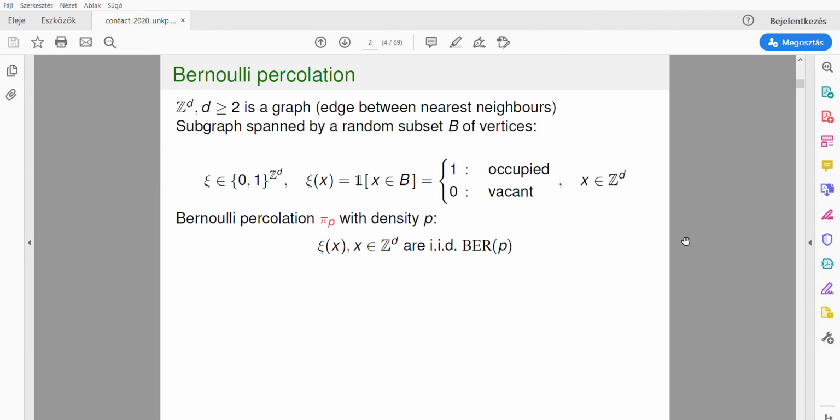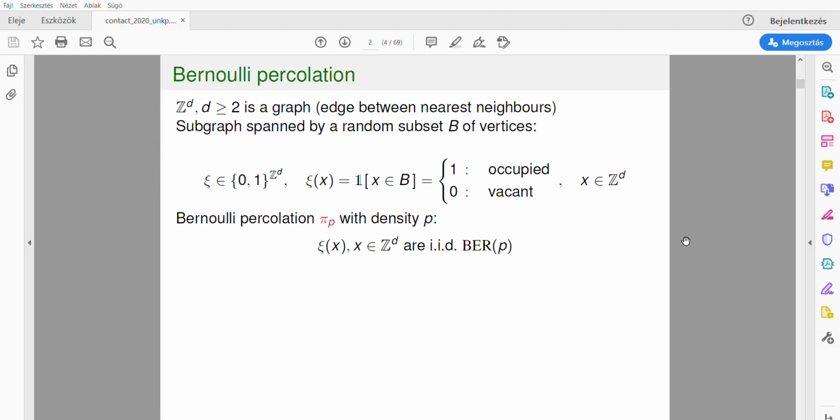And since we want to talk about Bernoulli percolation, the way I'm going to generate this random subset B is the easiest imaginable way. I'm just going to include every vertex x independently from the others with probability p. So this is what I'm going to call Bernoulli percolation. And I'm going to denote the distribution, the law of this random configuration of zeros and ones, by pi_p, where p denotes the density.